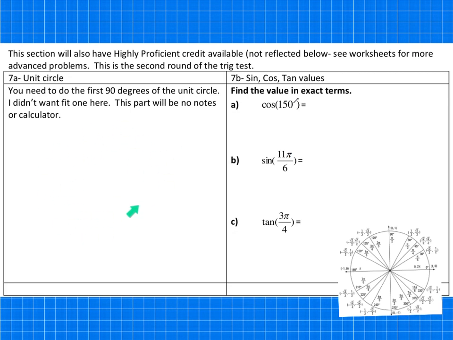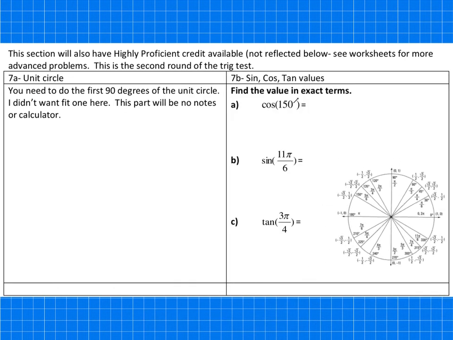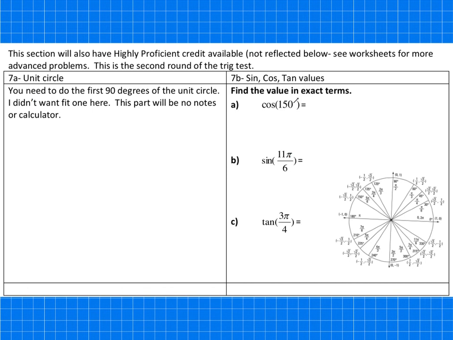That's just going to be the blank unit circle, finding the values in exact terms, recognizing your x's are cosine, your y's are sine, and your tangent is sine over cosine. If you're not familiar with that and you would like further explanation on it, go to the video for the Unit 7 review, because that has all that stuff in it, but I don't want to talk about it again.